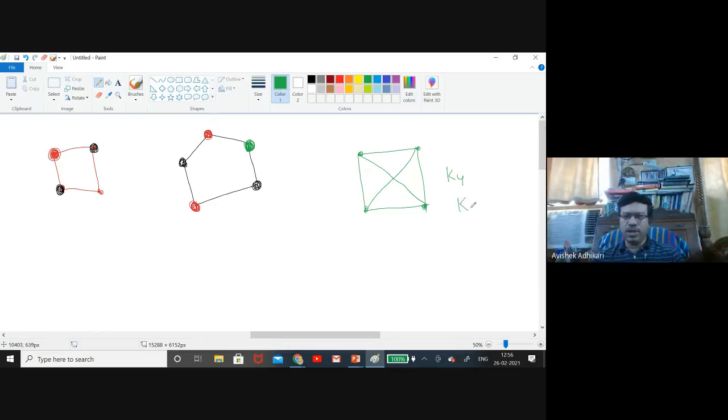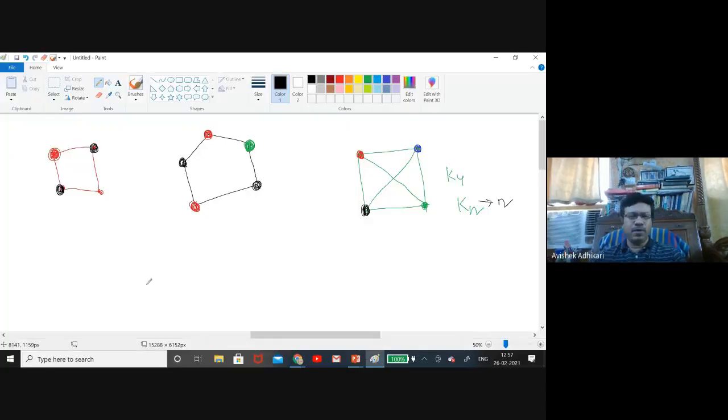For a complete graph Kn, all the vertices are adjacent to every other vertex, so all the vertices should be given different colors. You cannot color with the same color, so all the colors must be different. So for Kn, the chromatic number is n.